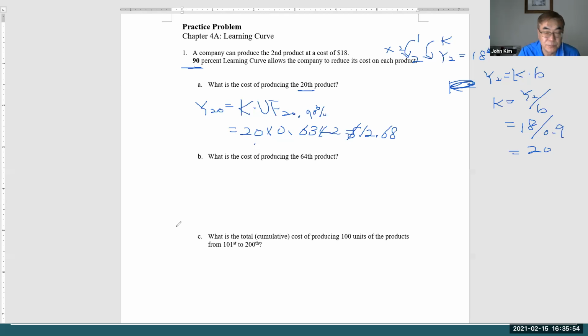Question? Okay, next one, Y 64 at 90% equals K times unit factor 64 at 90%.